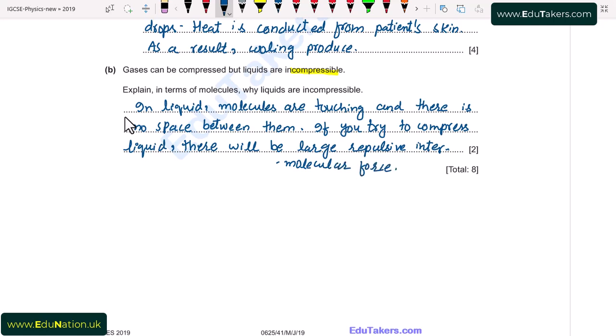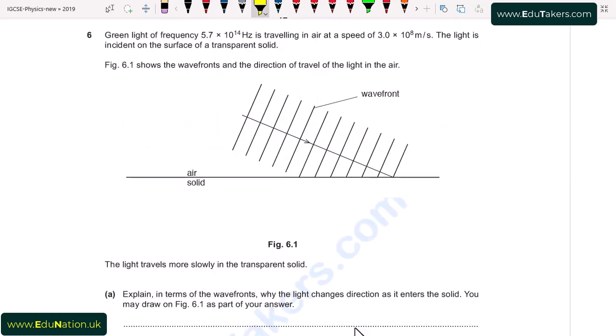So that's why it's very difficult to compress liquids.